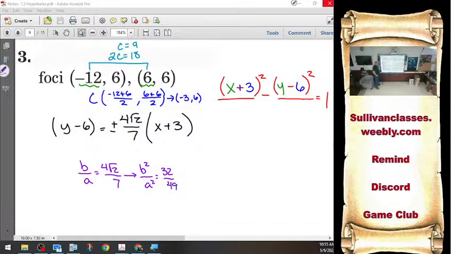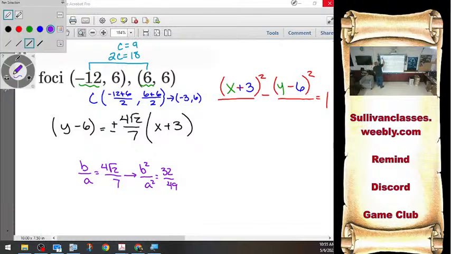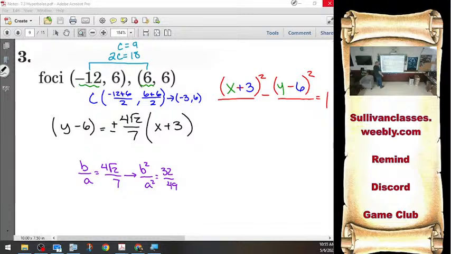3249. Check with the C now. I have to make sure that actually works with the C. I have to ensure that if I said C is 9, then 9 better equal the square root of 49 plus 32.